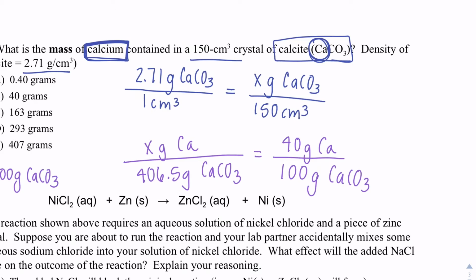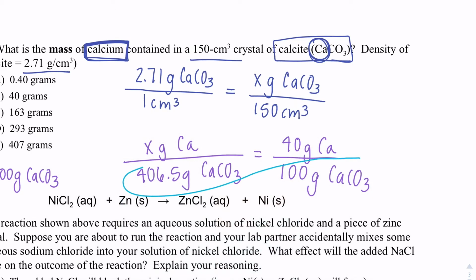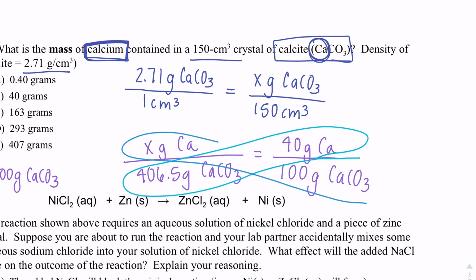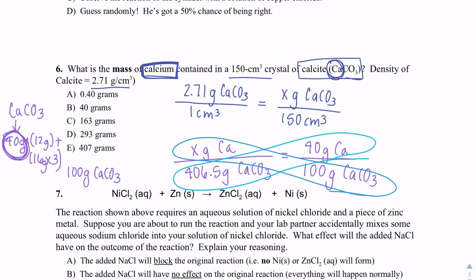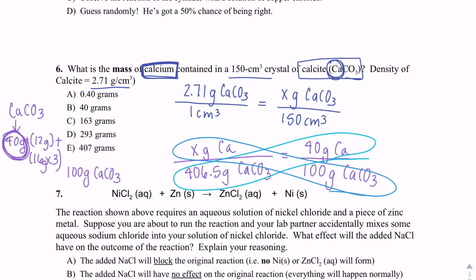And if you cross multiply, so this times this, and that times that, and then you end up dividing everything by 100, you will end up with 163 grams.